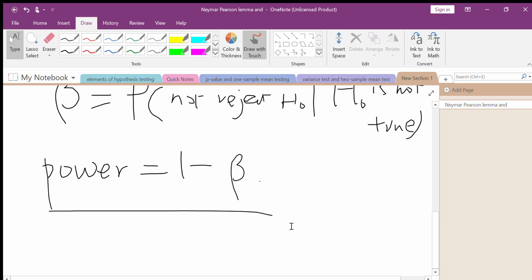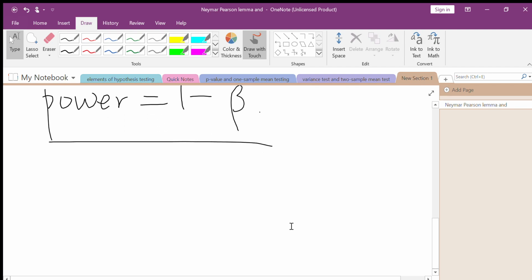So why do I review these two concepts, type 1 error and type 2 error?